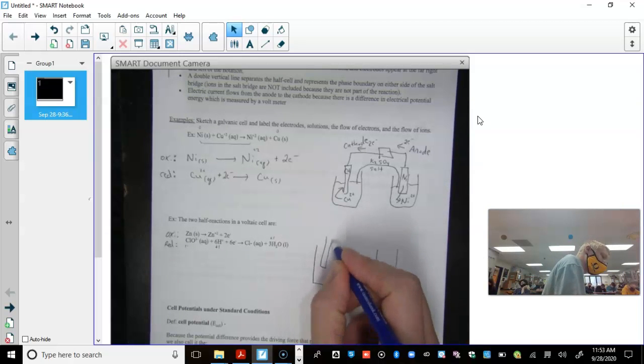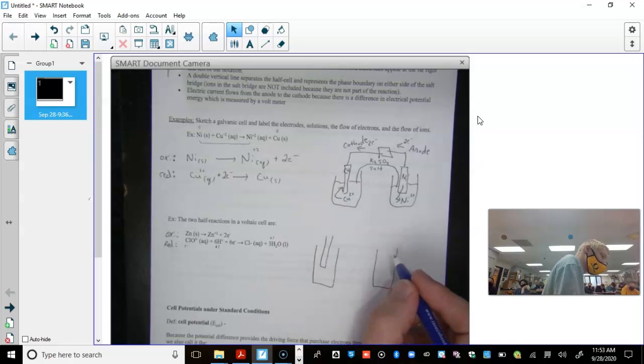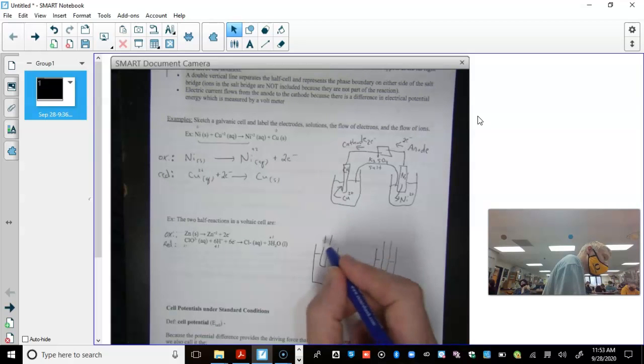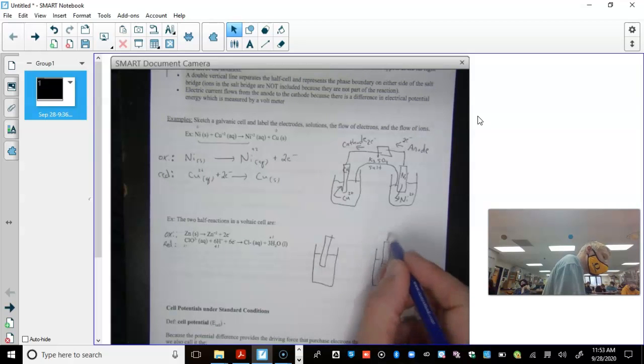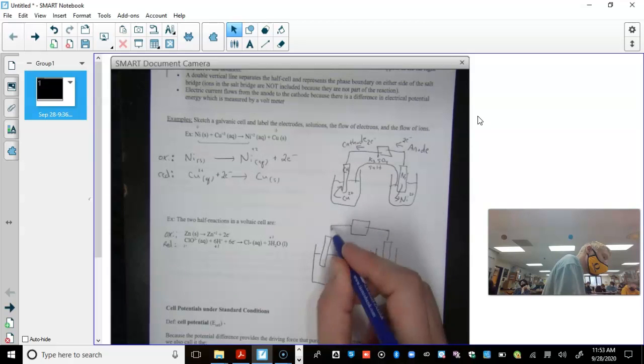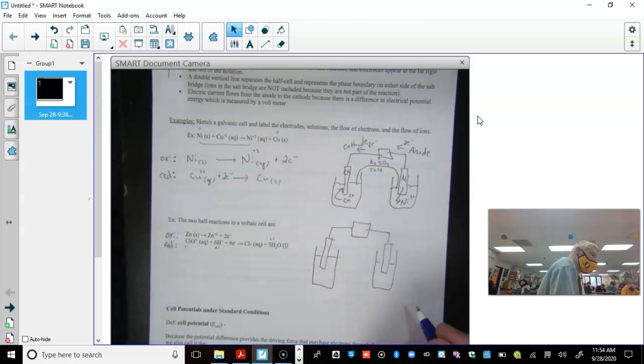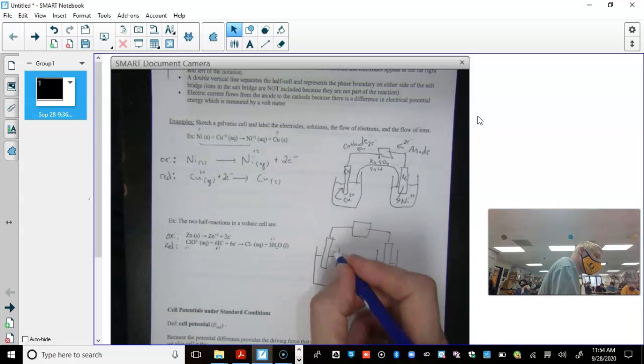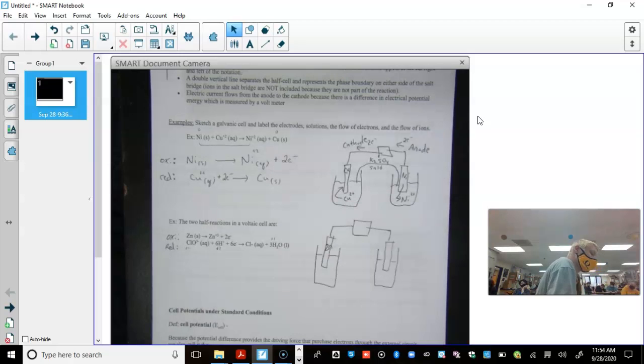And we got an electrode. And we know, well, why don't we just put zinc on one of them? Alright, let's put zinc right there.